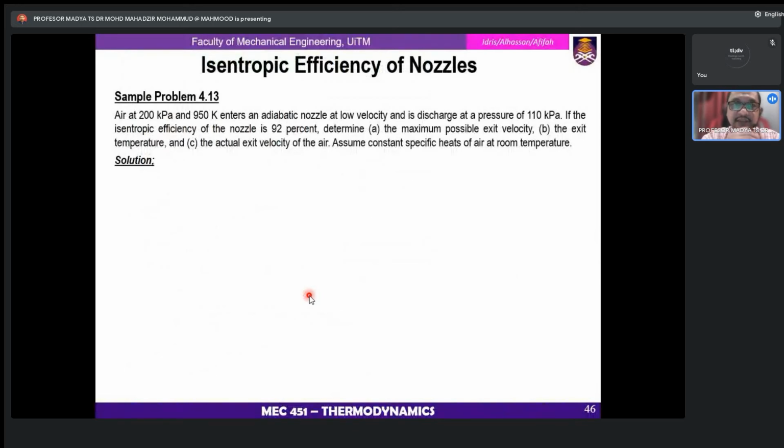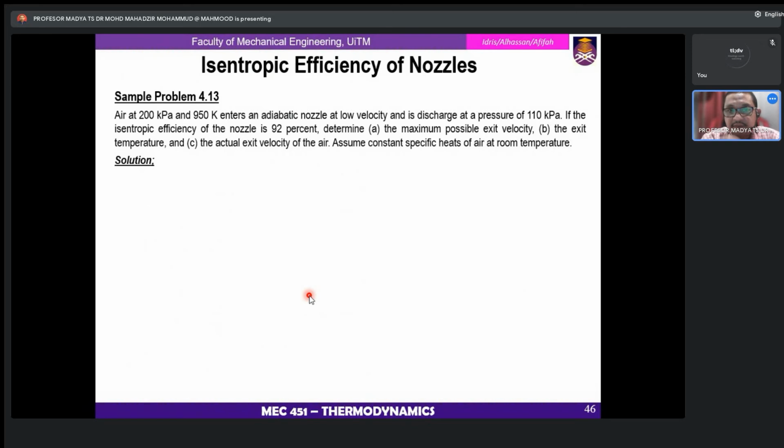Let's discuss this efficiency of nozzle. It says here air, so the nozzle uses air as the working fluid. Air at 200 kilopascal and 550 kelvins enters an adiabatic nozzle. Of course, you know a nozzle is adiabatic, but in this case it is mentioned as adiabatic, at low velocity.